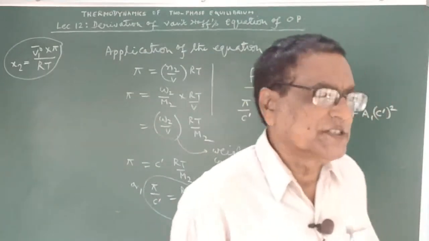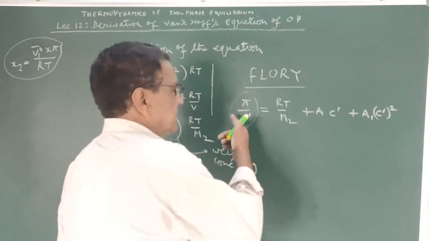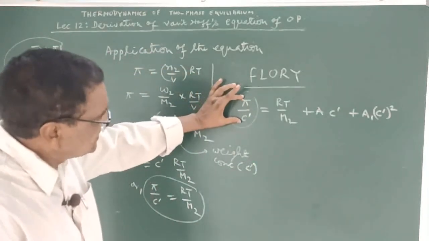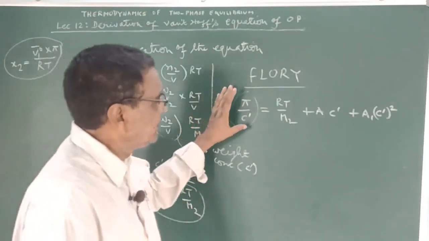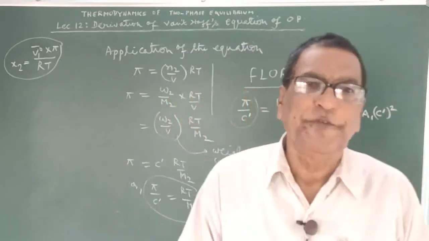The left-hand side is an intensive property that can be expressed in the virial form. A and A1 are the virial coefficients.